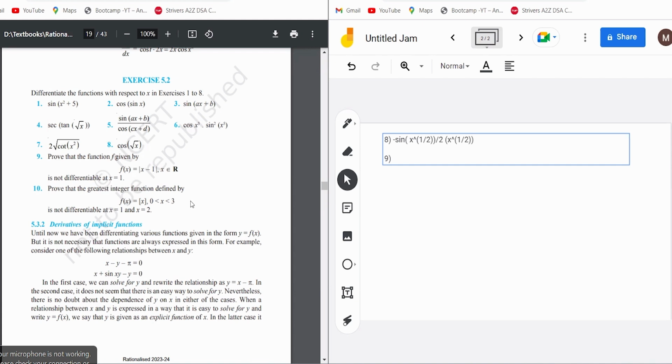Function f(x) is given to us as f(x) equal to mod of x minus 1. Okay. So this is our f(x) and we have to prove that this function is not differentiable at x equal to 1. Okay, so let's do it using the main definition of differentiation only.